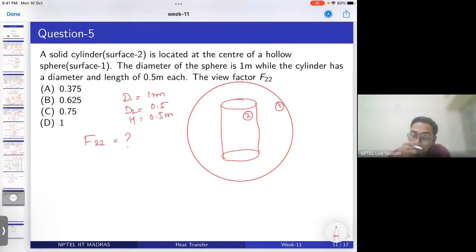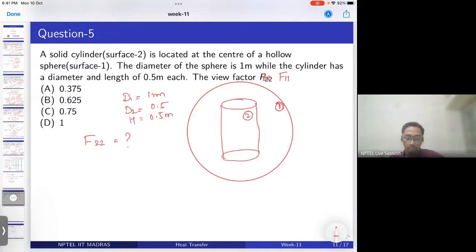Not F22, it's F11, sorry. We are asked to find out F11, that is from this surface to this surface itself, because it's a curved surface, right? So some part of the radiation that is emitted from this surface can fall on the same surface itself.